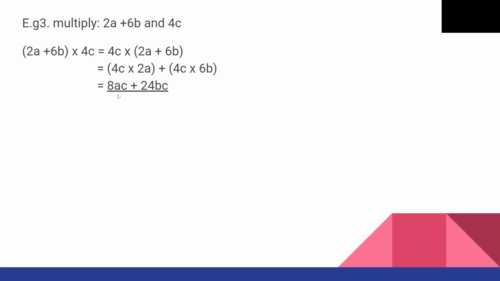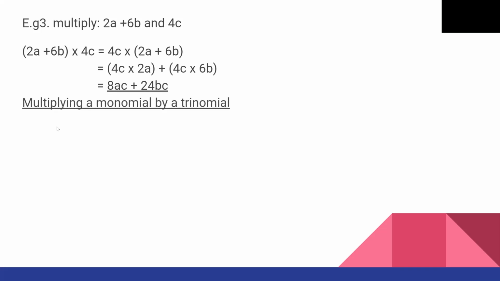If you write ca also, there is no problem, you will get the mark, but it is better to write in alphabetical order. So the first term is 8ac, plus sign is given, so plus, then 4 sixes are 24, c into b will be bc. So the final answer is 8ac plus 24bc.